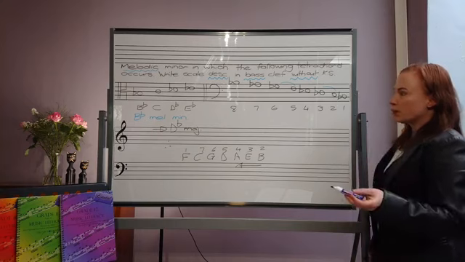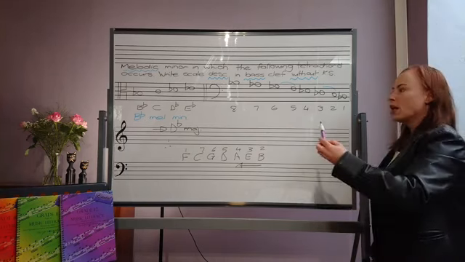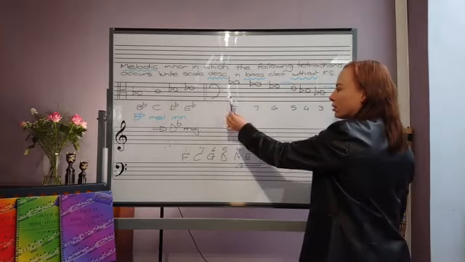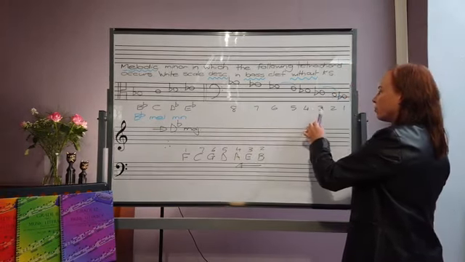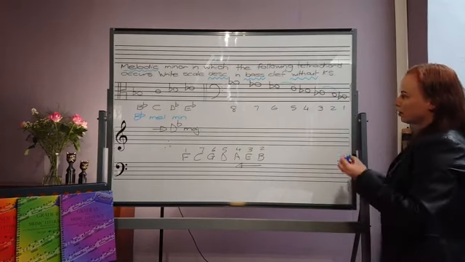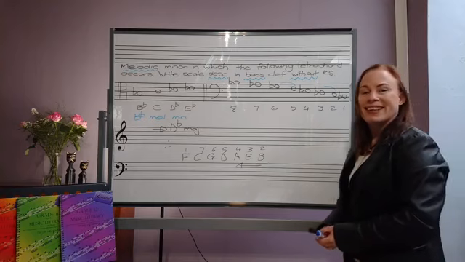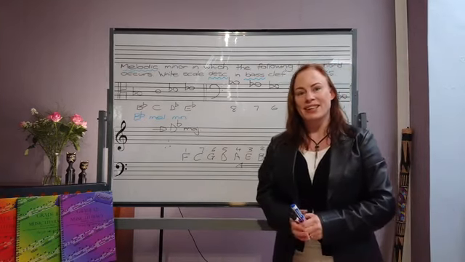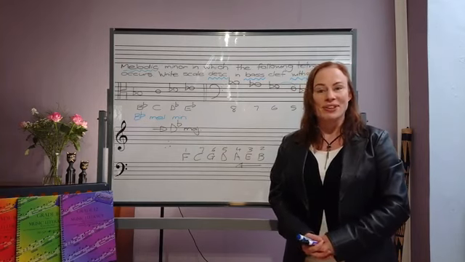And just one final thing, remember when you're writing a scale descending that you're going to start on your 8th scale degree, and then you have 7, 6, 5, 4, 3, 2, and 1. Okay, and that is basically it. So I trust that you understand the tetrachord and that it's not going to confuse you in the exam.